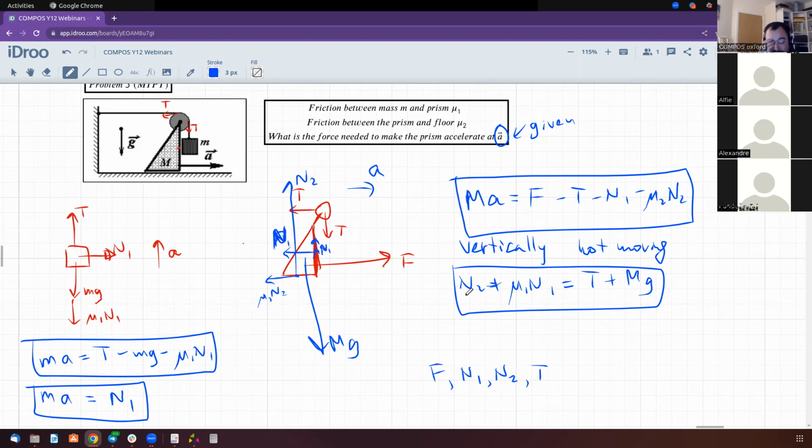That means it has the same acceleration to the right. And it will also move x upwards. That means it has the same acceleration upwards. So I did say that it's going to be the same acceleration, but it doesn't need proof. I've just made my life a little bit easier.